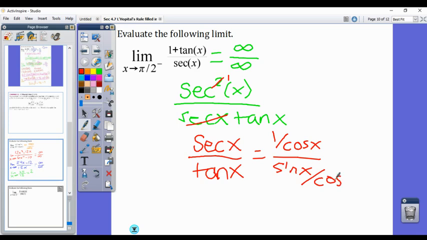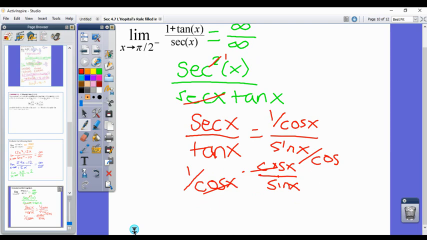Okay, so now that I have a double fraction, I'm going to flip this bottom one. So essentially, I'm going to end up with 1 over cosine times cosine over sine. And then hopefully you're seeing that, hey, I could get rid of my cosines. So then I'm just ending up with 1 over sine.